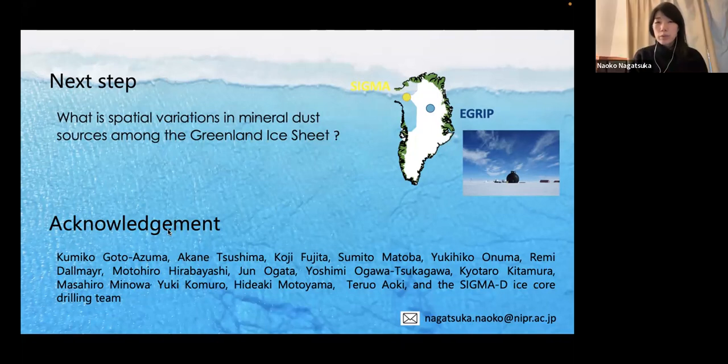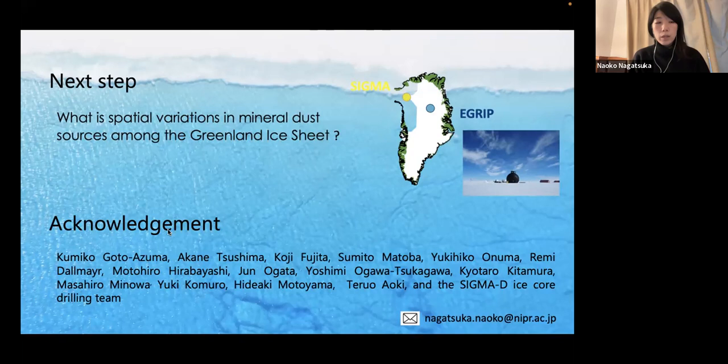Thank you very much for your question. I have almost completed analyzing the East Grip ice core, and for now I can see a significant difference between East Grip and SIGMA. The biggest difference is that the mineral dust in the East Grip ice core is likely derived from farther away than at SIGMA.